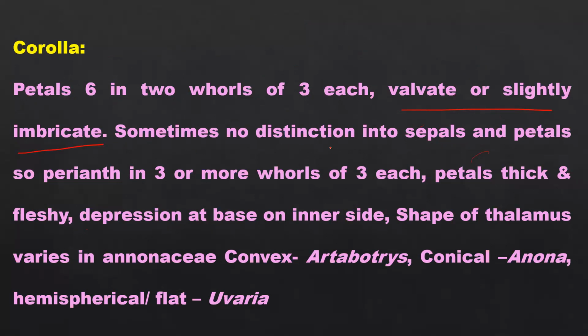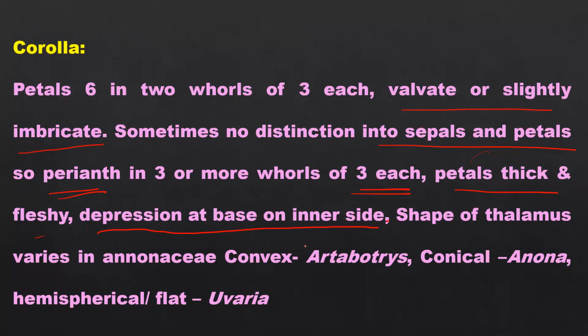Sometimes there is no distinction into sepals and petals. Which term do we use? We use the term perianth, in 3 or more whorls of 3 each. Petals are thick and fleshy. Note this, there is a depression at the base on the inner side.